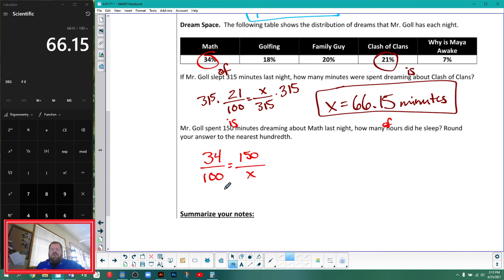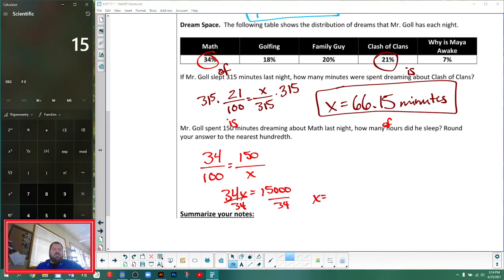We can use cross products if we want to. We can go 34x is equal to 150 times 100, 15,000. How about that? Divide both sides by 34. And x is going to equal 441.18, I guess.